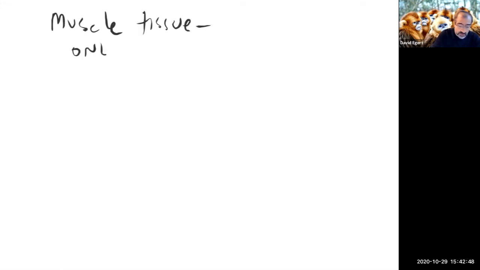So I'm going to start looking at muscles in more of a stand-back view, and then we're going to get down into the details of what's going on in the cell to generate force. So again, muscle tissue, I talked about, only contracts.